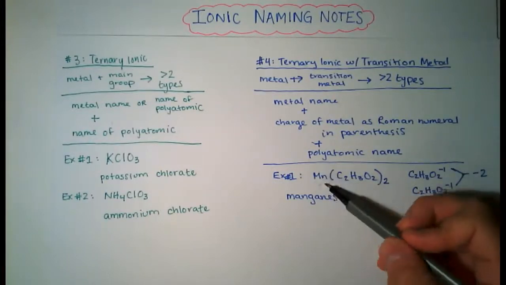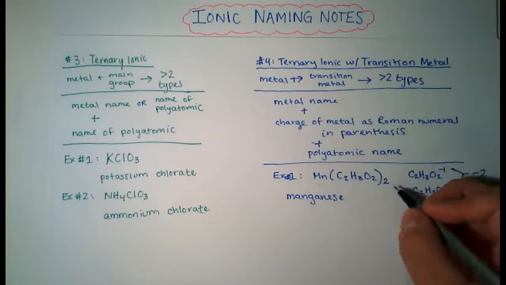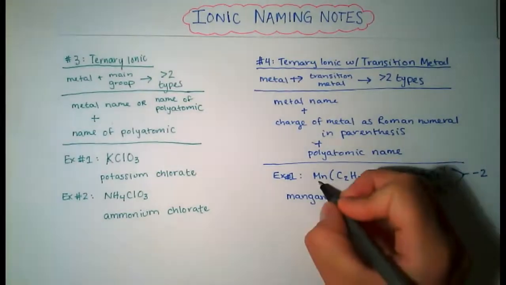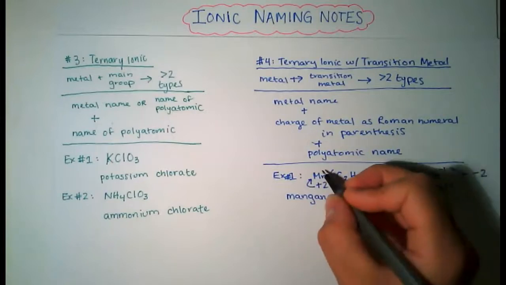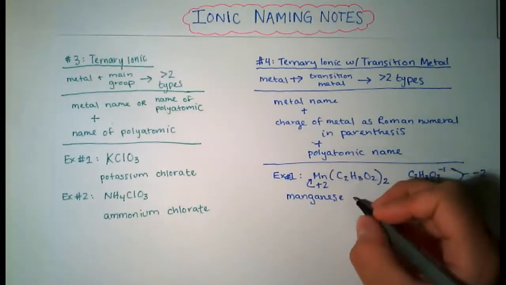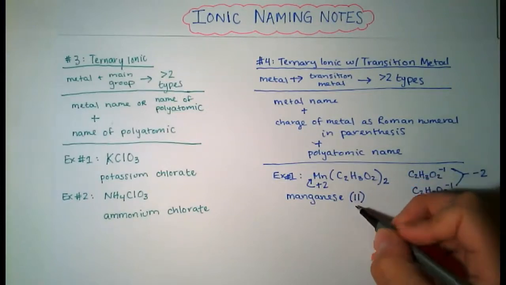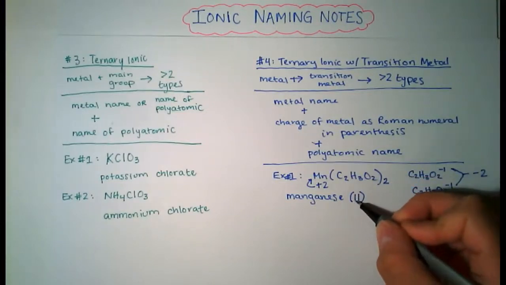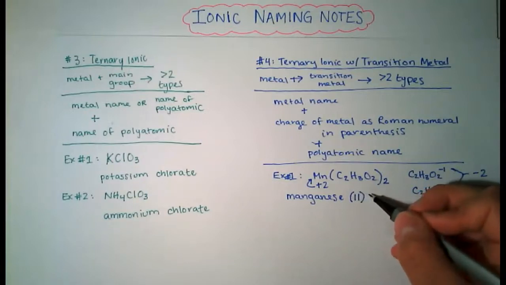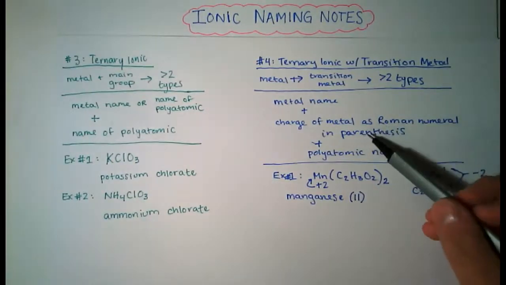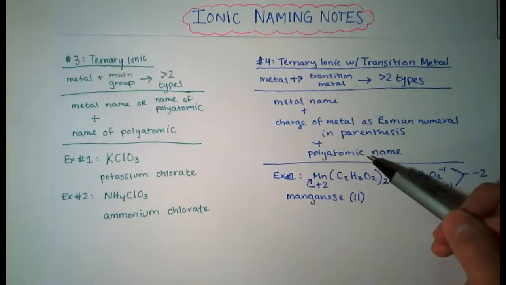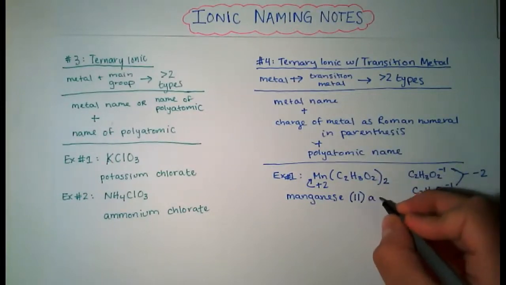And there's only one manganese to balance that charge out. And I know I need +2 to balance that out. And all that +2 charge is going to go on that one manganese. So manganese is going to have a charge of +2, which I show with II, Roman numeral 2, in parentheses. And then last but not least, I just put the name of the polyatomic, which is acetate.